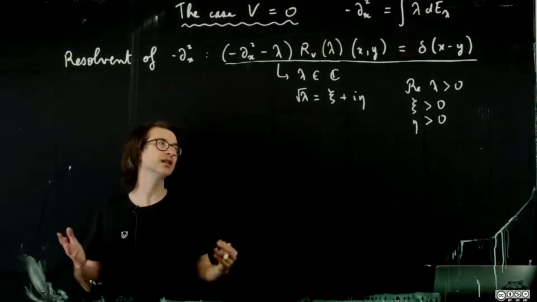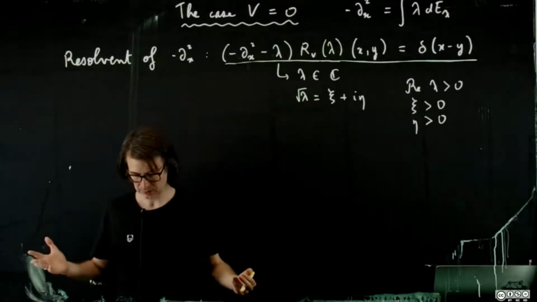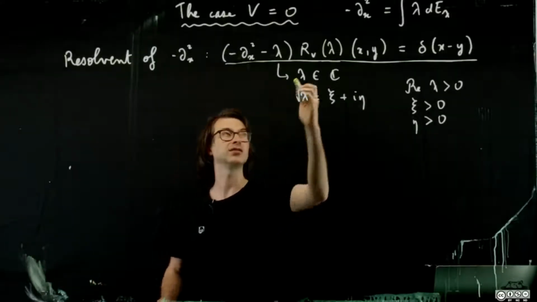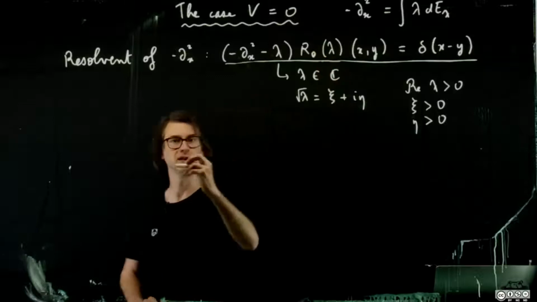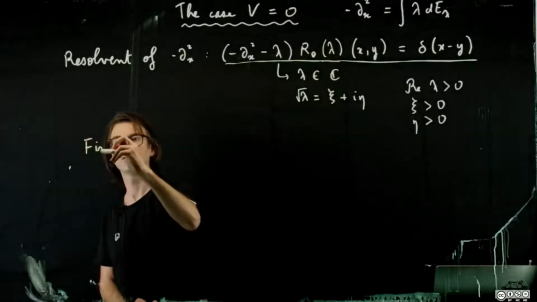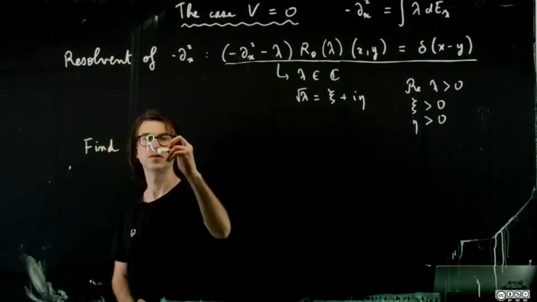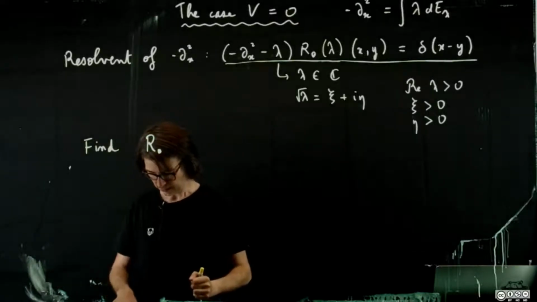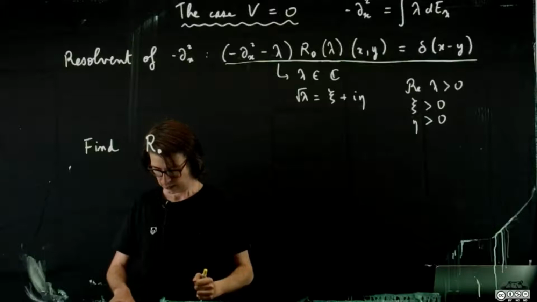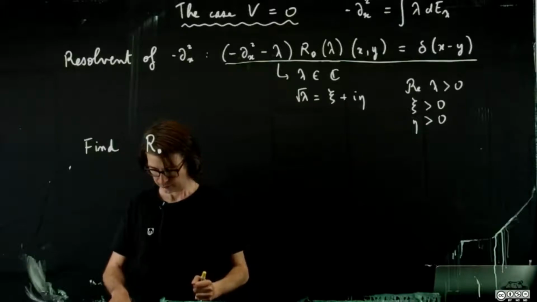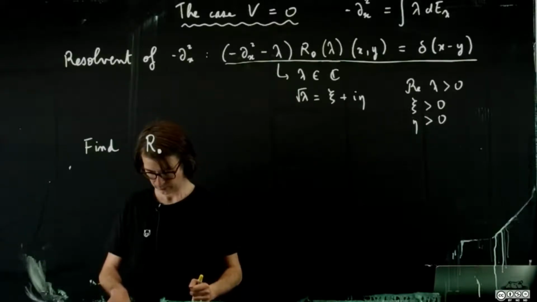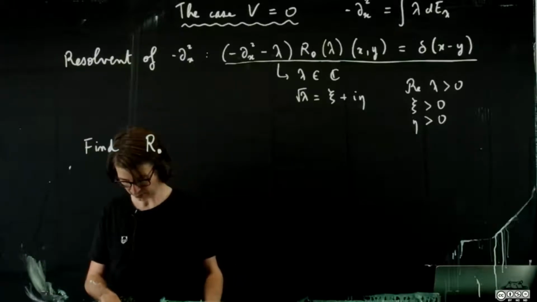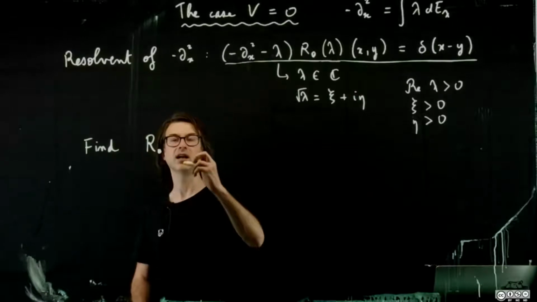Okay, so that's a computation that you can do, and what you find is that, there is no v here, it's R0. Let me get the convention right.